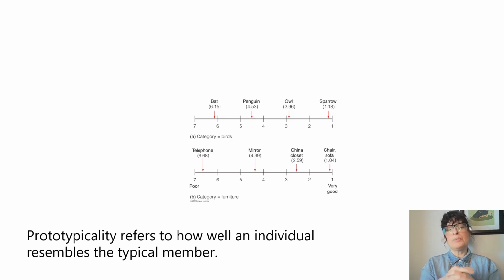And the prototype approach uses the notions of prototype and prototypicality. Prototypicality refers to how well an individual resembles the typical member, and an object with high prototypicality means that the category member closely resembles a typical member of the category. Low prototypicality means that the category member does not closely resemble a typical member of the category.